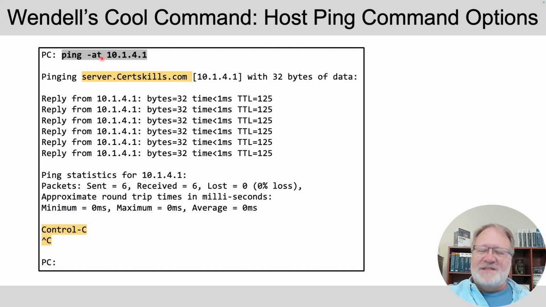And the -t says continuously ping, that is, keep sending ICMP echo requests. And these messages would not have stopped until I pressed Control-C to kill the command. So by default, depending on the operating system, it might send 3 or 4 or 5 ICMP echo requests. Here, you've got a Control-C to get out of it.